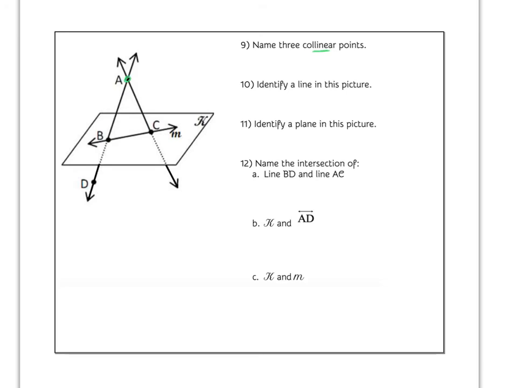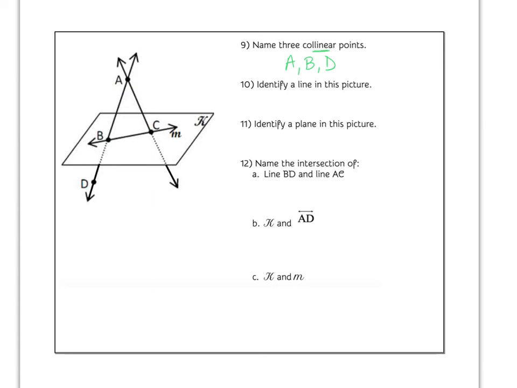So here's A, B, and D. See how those guys are all in a straight line? So the way that I would answer this is I would just list them out. A, B, and D, I list them with commas like I'm making a list. Those guys are collinear. They're in a straight line, A, B, and D.